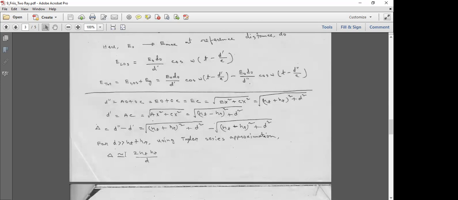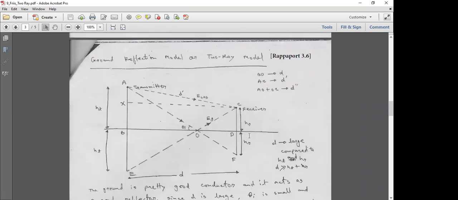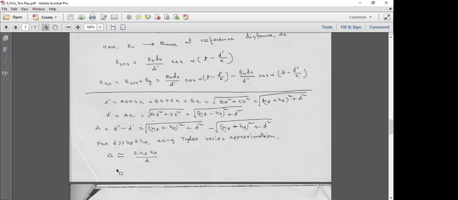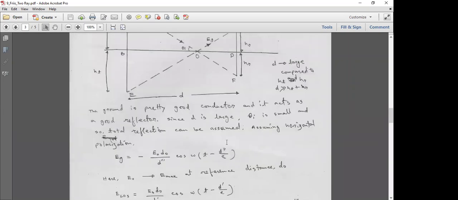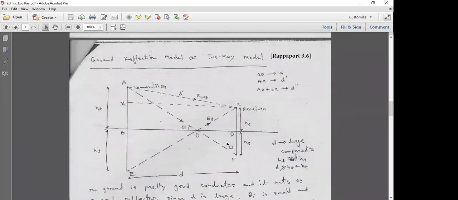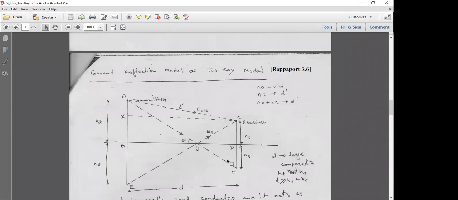After the expansion, if you use the approximation that the distance is very large compared to the tower heights, which is typically the case for long distance terrestrial communication, then delta can be approximately equal to this term. Now, before we go further, let me tell you that this particular model is widely used for long distance terrestrial communication.